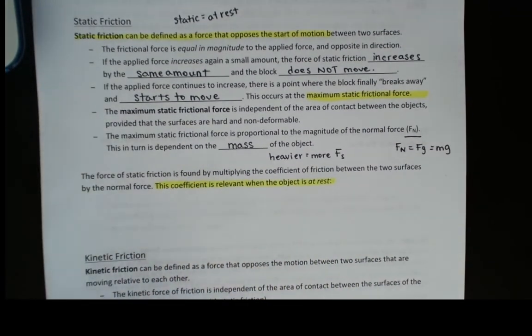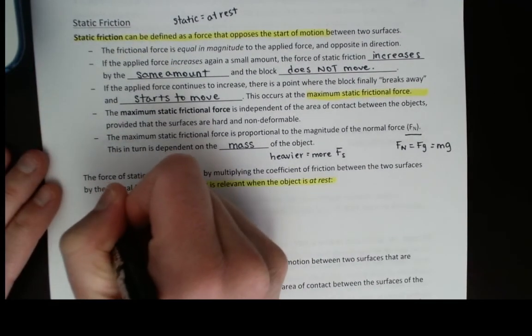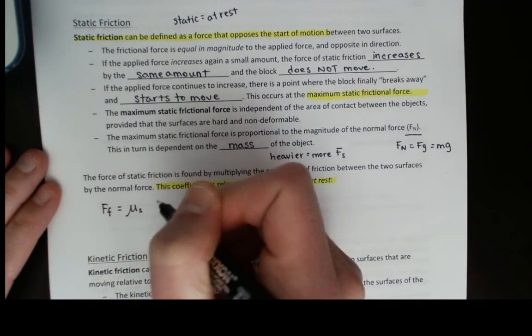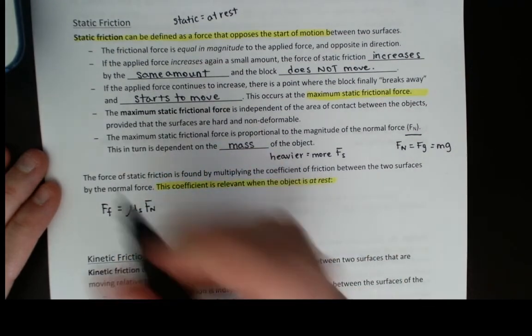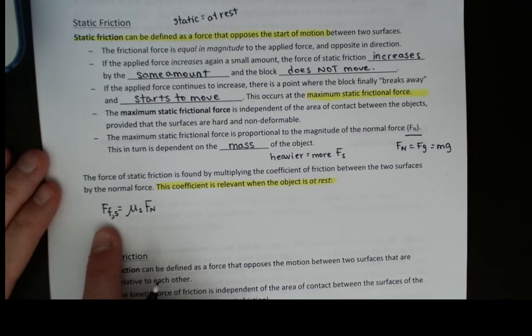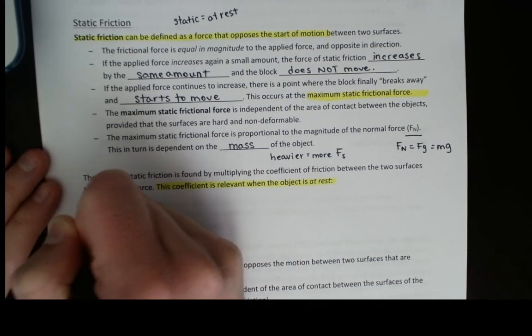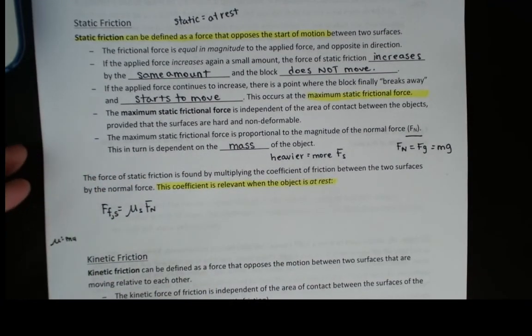So the force of friction is equal to the coefficient of static friction times the normal force. This little symbol here is mu, and it represents the coefficient of friction.